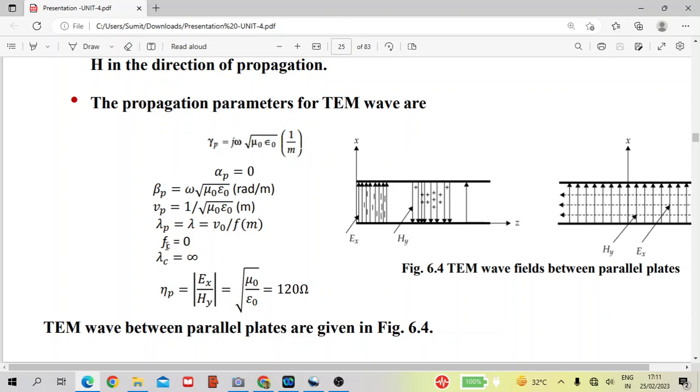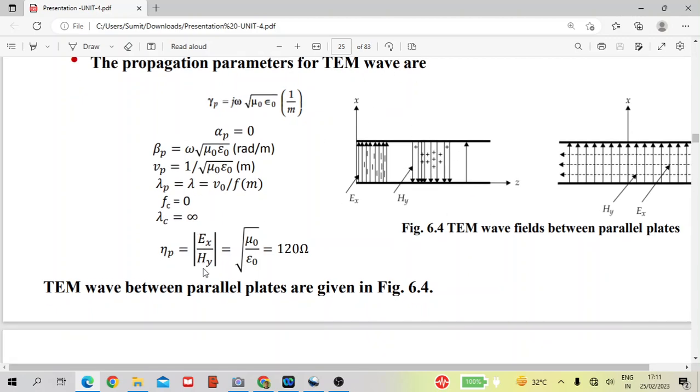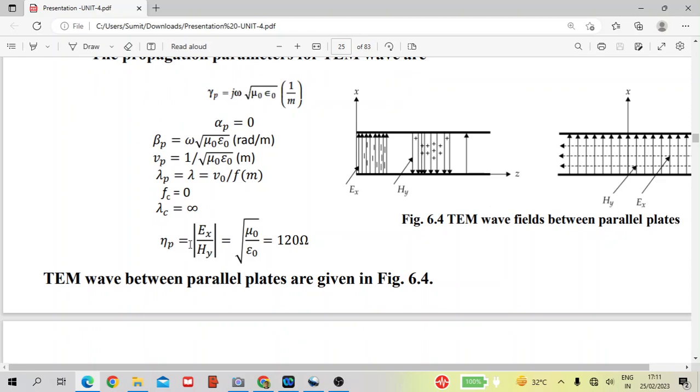Remember, cutoff is 0, that means from DC it can start propagating, and the cutoff wavelength is infinite. That means there is no cutoff frequency. The structure can start propagating right from frequency 0, and the intrinsic impedance Ex by Hy, for free space, is 120 ohm.